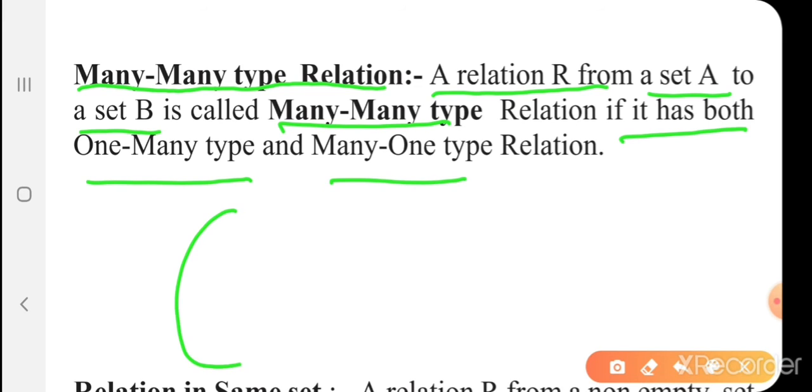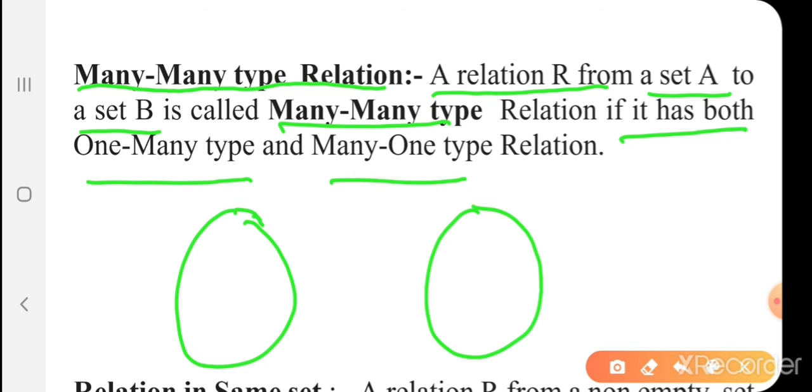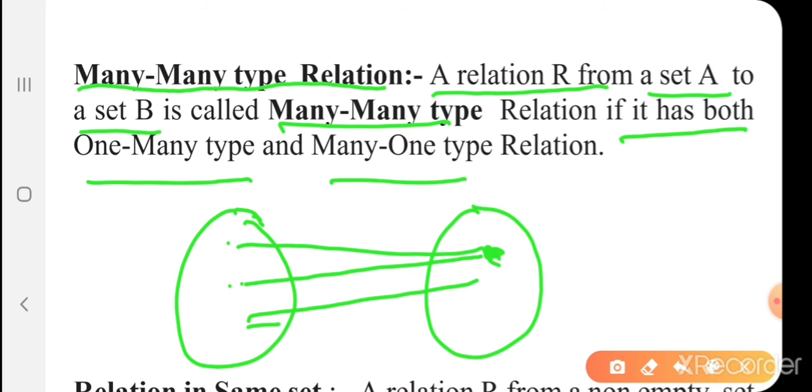You see, this is set A, this is set B. Now you see here, two elements are related with one element. So this is many one type. Now you see again, one element is related with two elements. So this type of relation is called the many type relation.